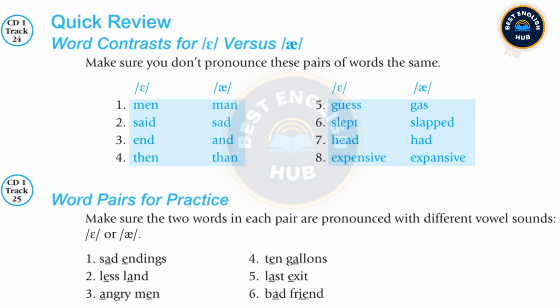Quick review. Vowel contrasts for e and a. Make sure that you don't pronounce these words the same. Men, man. Said, sad. And. Then, than.